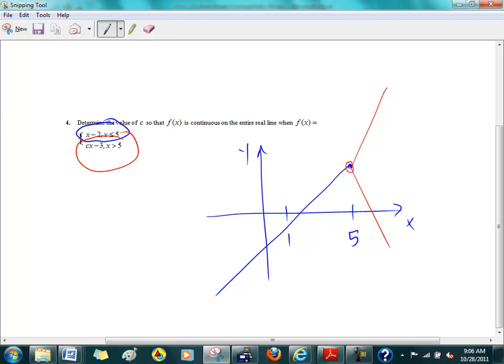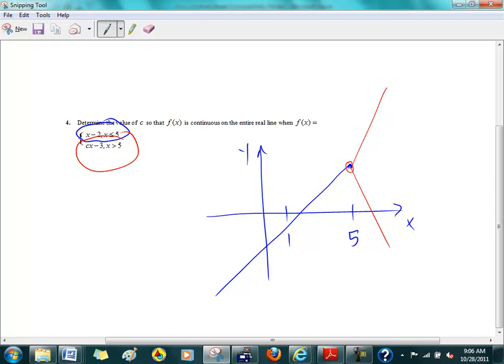So for the red one, can you tell me what the y value would be? How would you even get it? How would you get the y value for the red one at the point x equals 5? And what do you get? Wait a minute, you plug in 5 where? I said I want the red one.